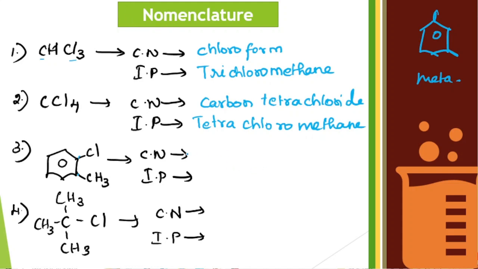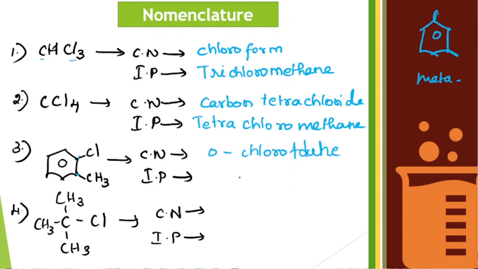So its common name is ortho chloro, and CH3 is attached. CH3 with a benzene ring is called toluene. So orthochlorotoluene is the common name.